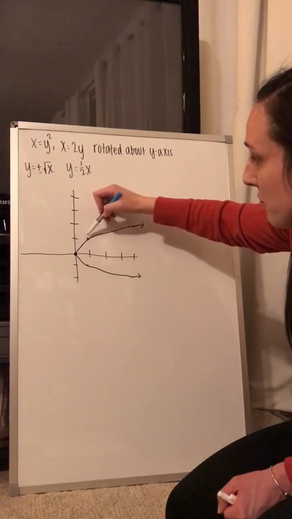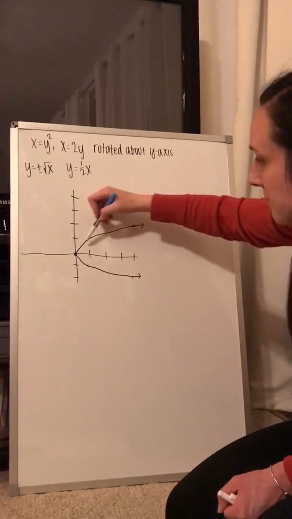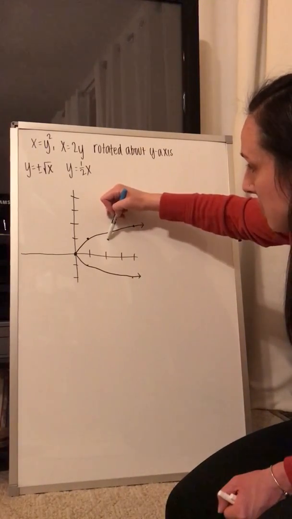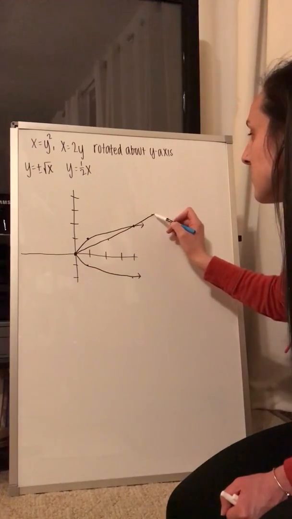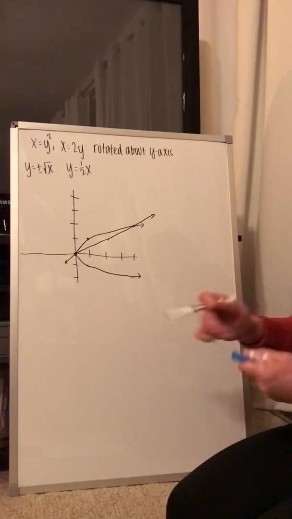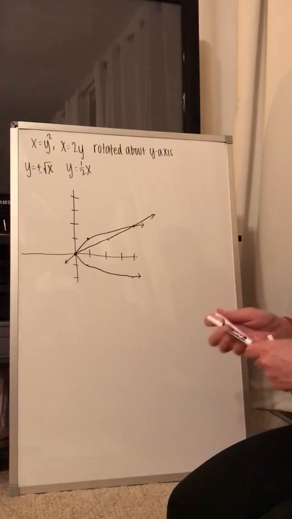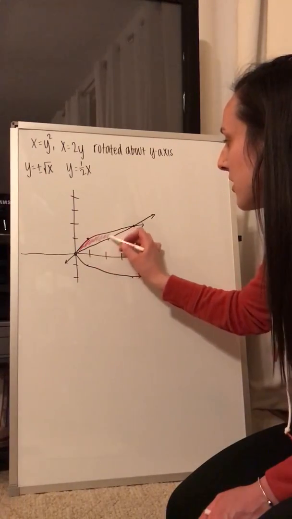I'm going to count my slope of 1 over 2, go up 1, count over 2. So it should look something like this. And the part that's enclosed by these two graphs is going to be this weird looking shape here. So this part right here.